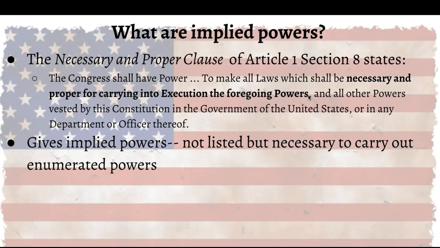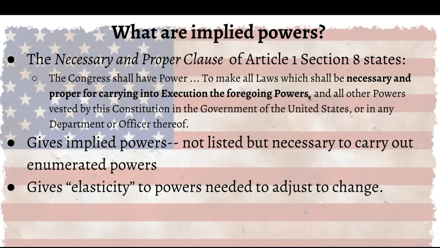So it gives implied powers not listed but necessary to carry out the enumerated powers, and gives elasticity to powers needed to adjust to change. So think about elastic. If your body adjusts or changes, if you get bigger, it can stretch. If you get smaller, it can retract. And that's what the necessary and proper clause does.